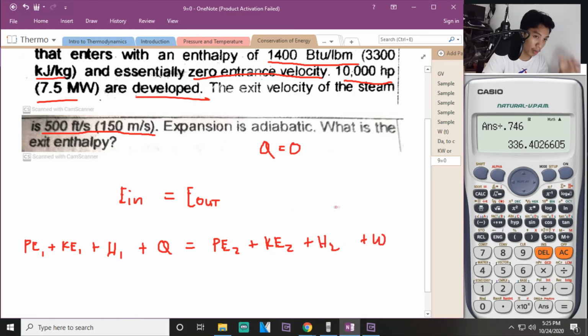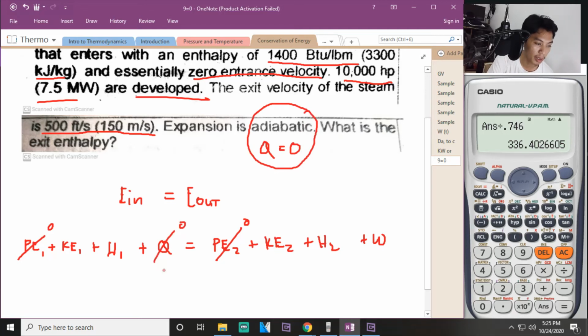Okay, nagbigay naman ng work dyan. The work is 7.5 megawatts or 7,500 kilowatts. O dapat ito i-convert na natin kagad. So, wala tayo ditong PE, 0. Wala rin tayong PE, 0. Adiabatic ang system, kaya no heat added. Naliwanag ko sa inyo yan.